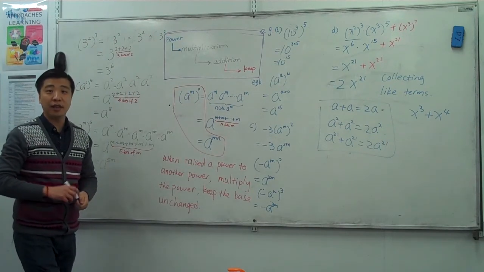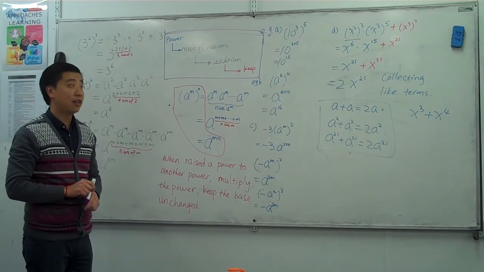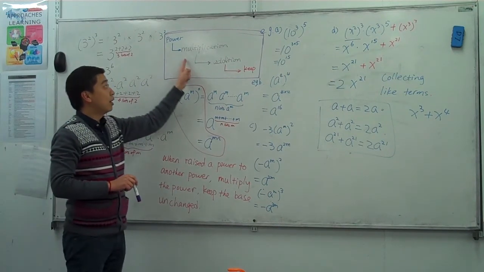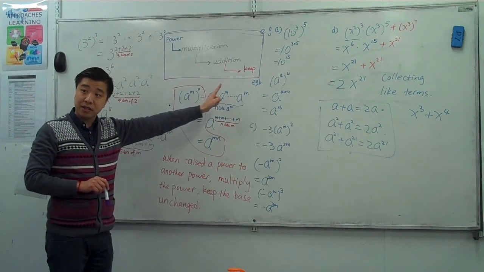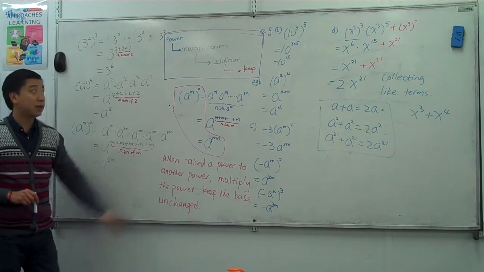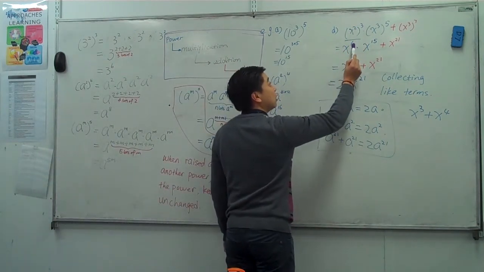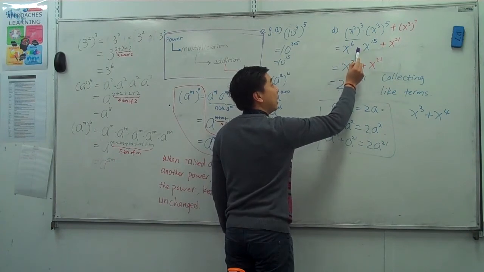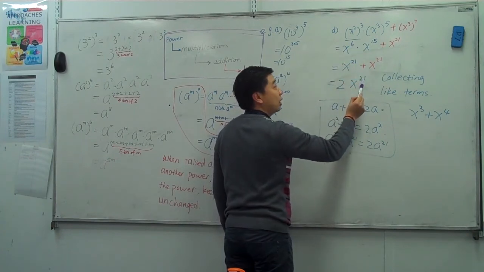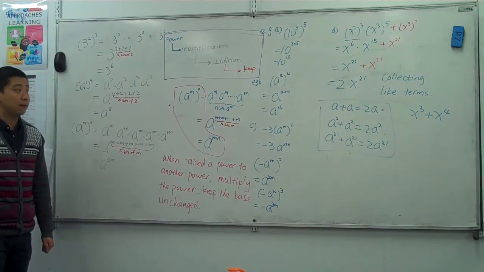Okay? Now here I'm gonna write that. See? Alright, copyright on the screen. If you understand this, you don't have to remember all the laws. They are all here. Okay? Power, multiplication. Multiplication, addition. Addition, keep. You just plus the coefficient.